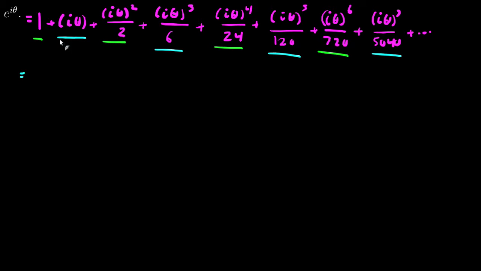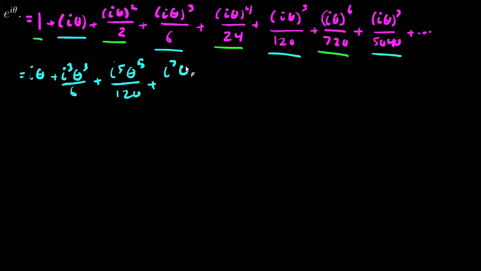I have i times theta, plus i cubed theta cubed over 6, plus i to the 5th theta to the 5th over 120, plus i to the 7th theta to the 7th over 5040.